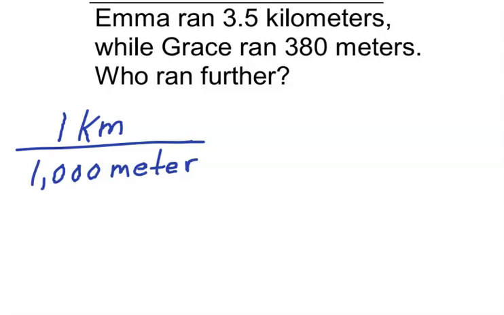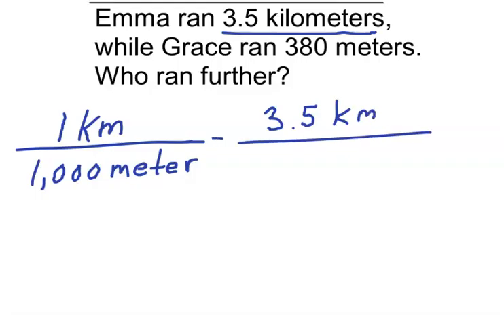All right, Emma ran 3.5 kilometers while Grace ran 380 meters. Who ran further? Okay, this is going to be kind of interesting. So Emma ran 3.5 kilometers, and 1 kilometer is 1,000 meters. So if you want to get to 3.5 kilometers, you're going to have to multiply by 3.5.